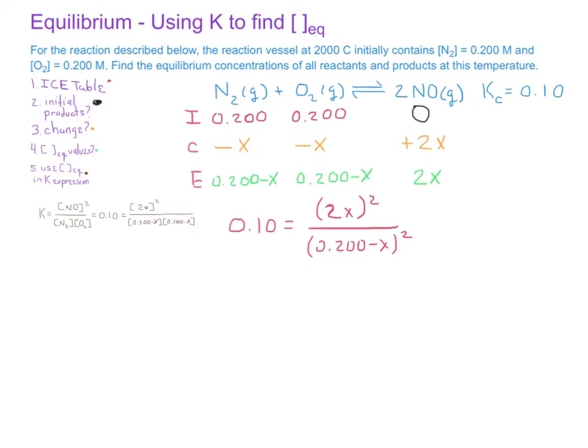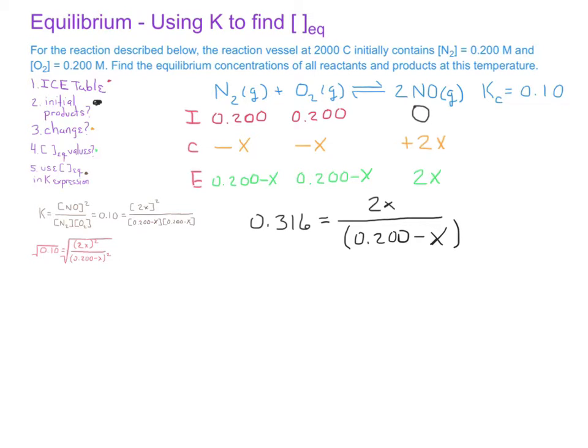Since both the numerator and the denominator have squares, we can take the square root of both sides of the equation to get rid of those squares. When we take the square root of 0.10, we get 0.316, and when we take the square root of the other side, we just get 2x in the numerator and 0.200 minus x in the denominator.